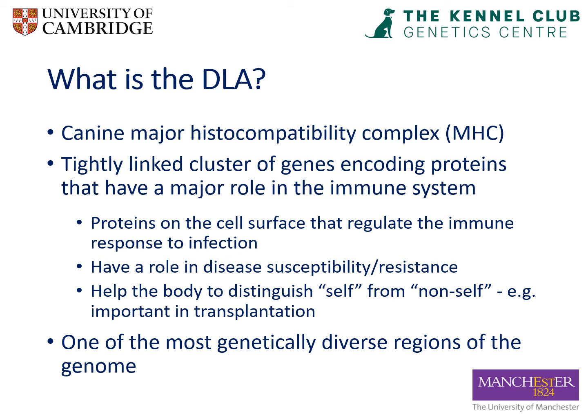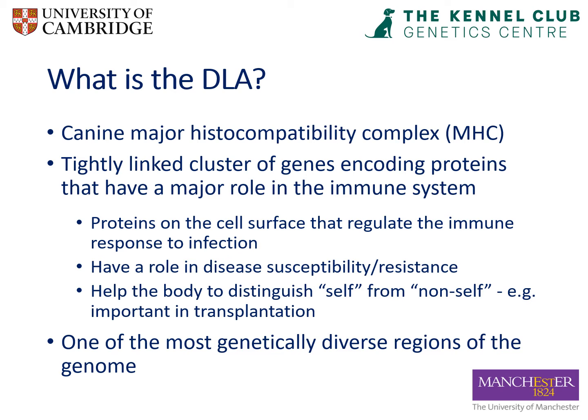They also have a role through this in disease susceptibility and resistance, and there's much known in the human field about the different associations of particular parts of the HLA system with disease susceptibility, including autoimmune diseases. They help the body to distinguish self from non-self peptides, and this is important in transplantation.